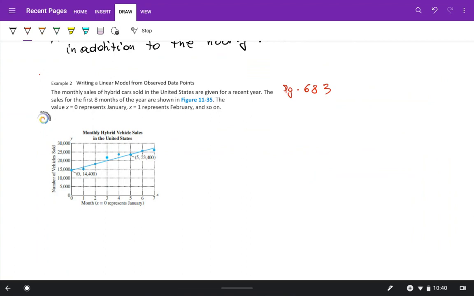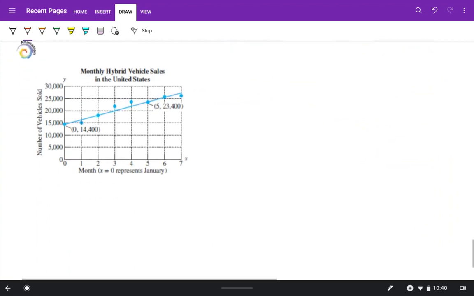So it is important that on the x-axis we are dealing with months. x equals 0 represents January, so x equals 1 will be February. So we can put January, February, March, April, May, June, July, August.